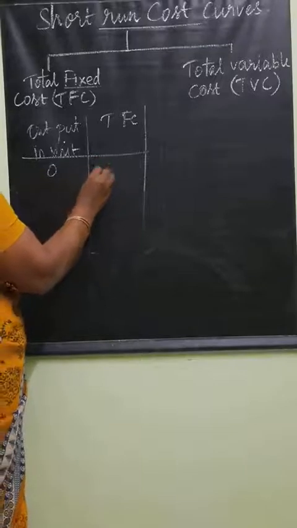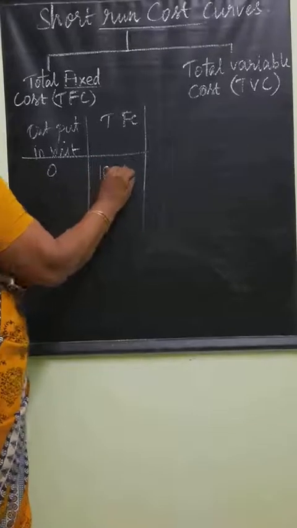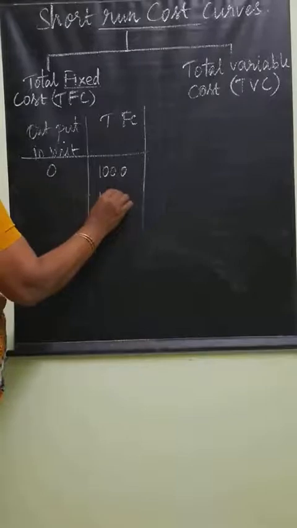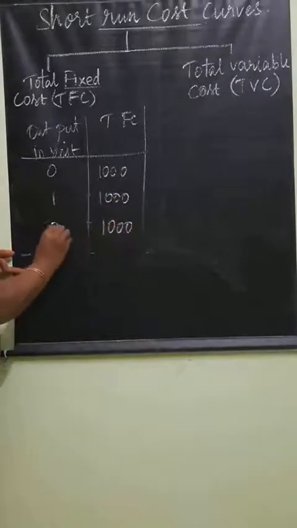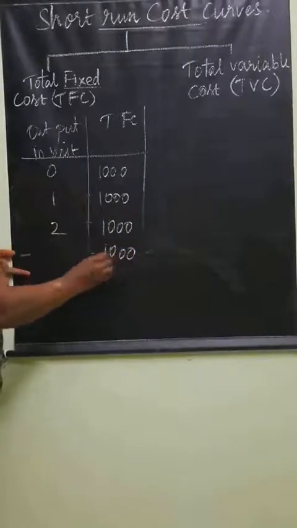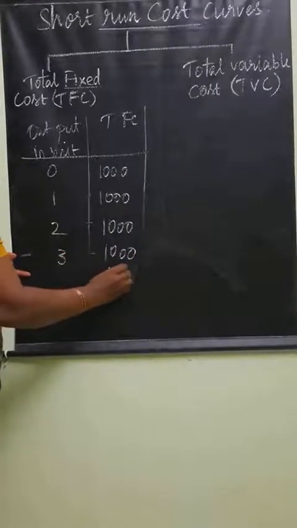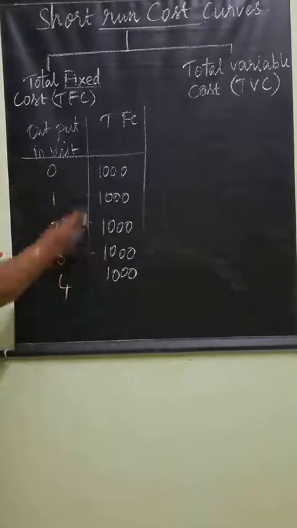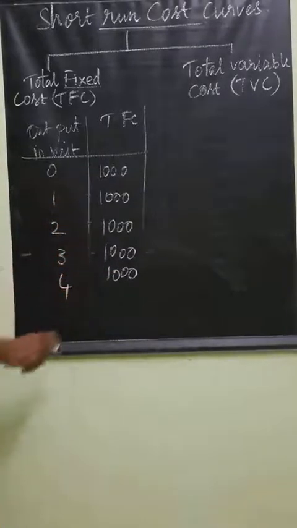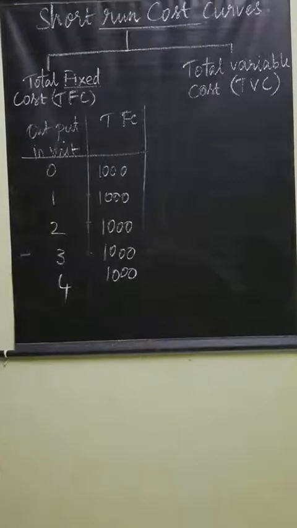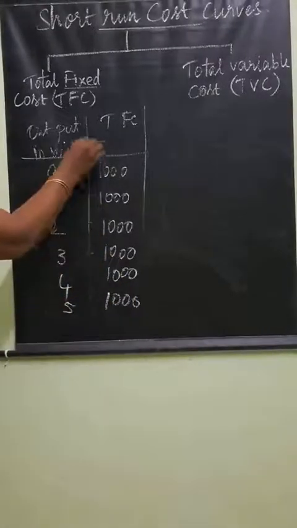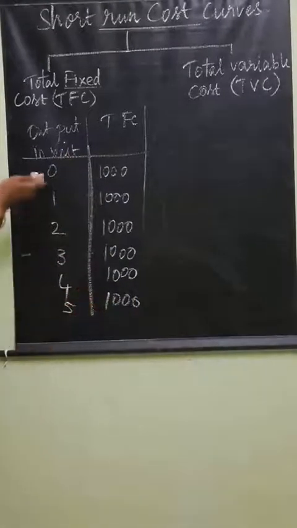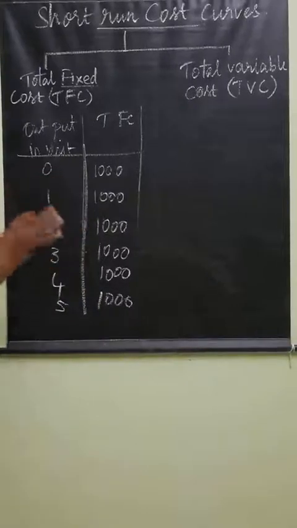Here the fixed cost is 1000 because the fixed cost will never change. Whatever the output, whether it is increasing or decreasing or it is 0, it doesn't bother about this. The total fixed cost is 1000 and the output varies. Though the output varies, the fixed cost does not change.